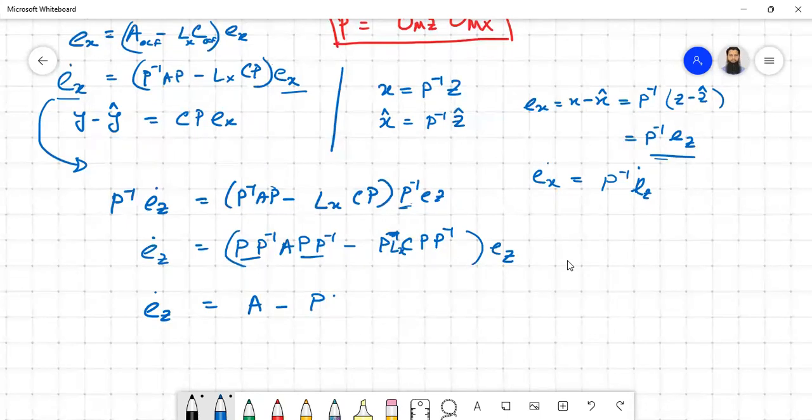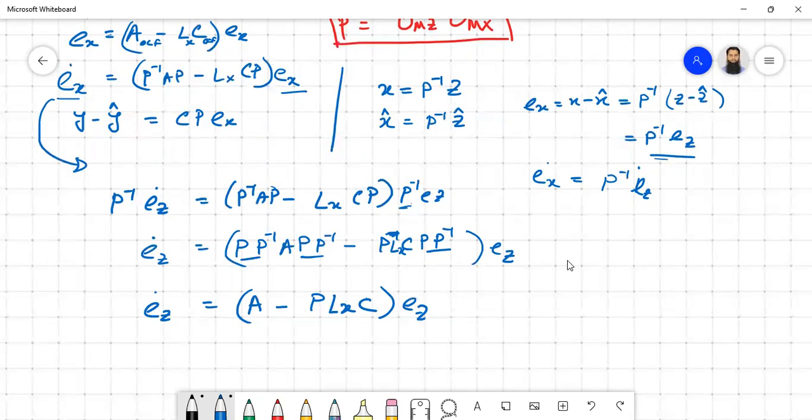The LX should also be here; somehow it was accidentally missed. So P LX, and this P and P inverse are going to vanish. Then you have also the C matrix, with EZ.